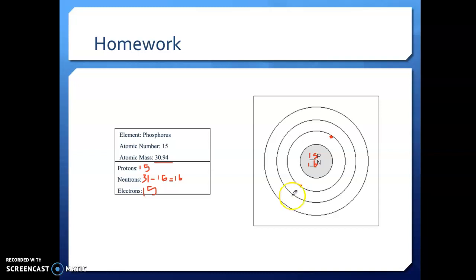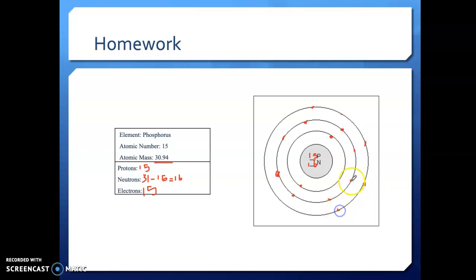My next shell can hold 8, so that'll give me 10. So I'm just going to place the 8, 3, 4, 5, 6, 7, 8 and then I have 5 left in my third shell. 1, 2, 3, 4, 5.